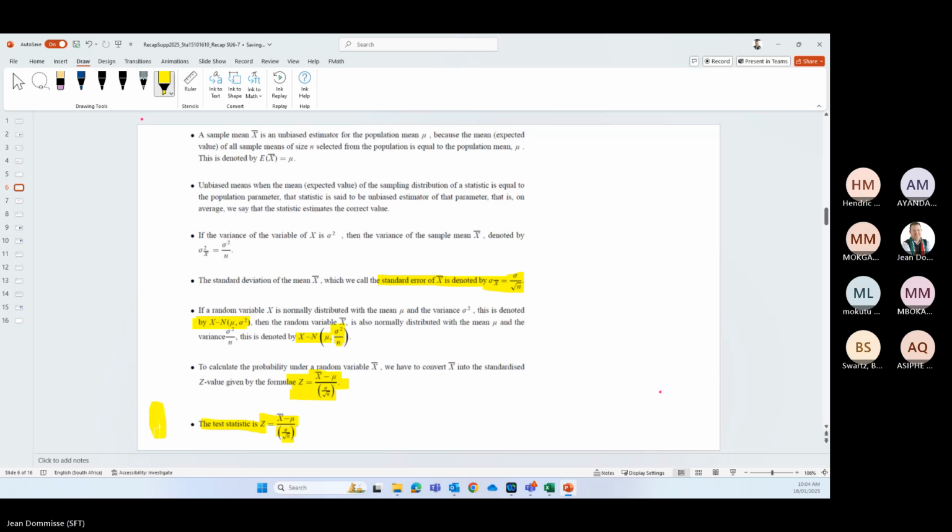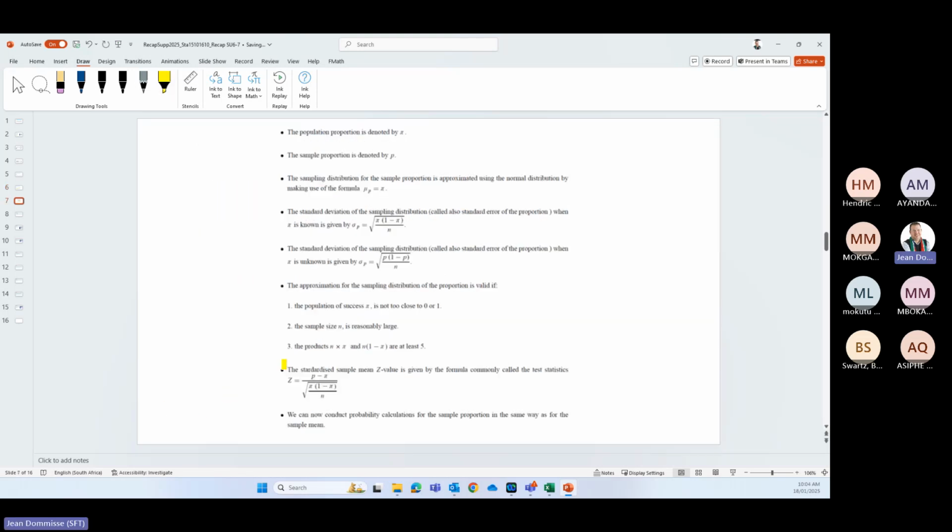That's the one thing that's important. Then when we get to proportions, again, a z-test, but it looks a bit different. But also important is, again, the standard error. And if it is unknown what the proportion standard error is, we will just use the p-value. So again, those two things are important.